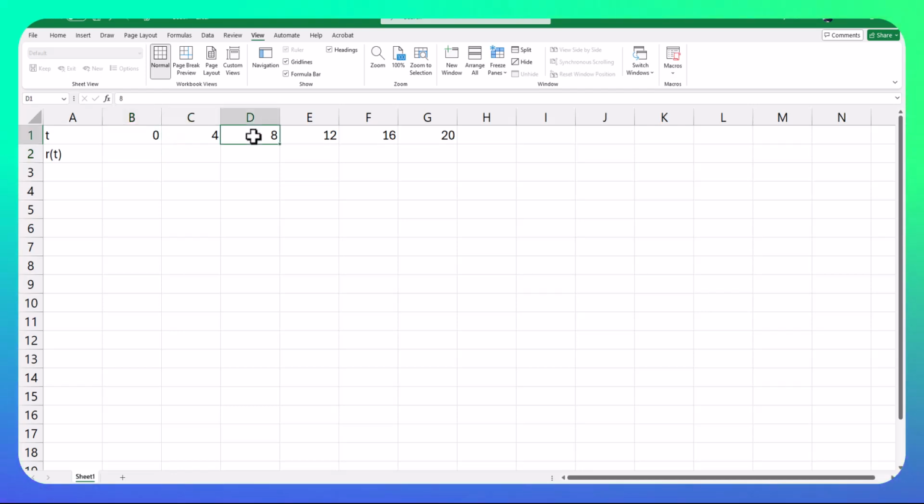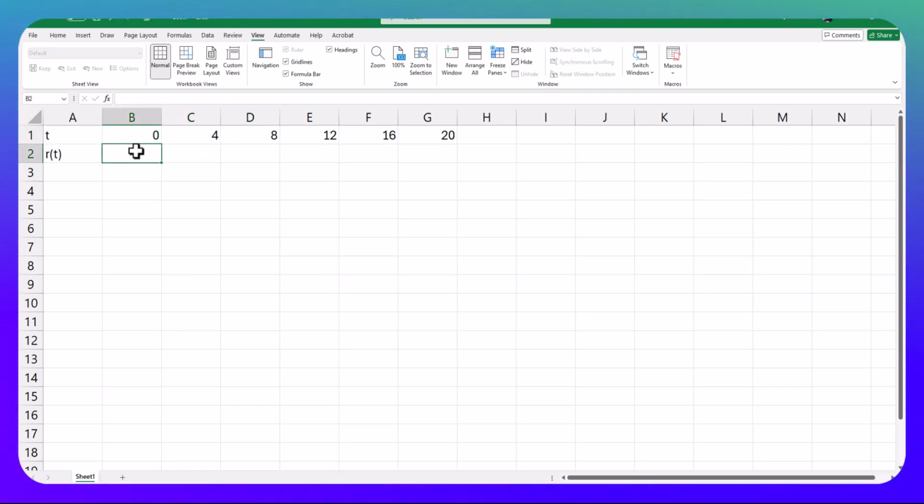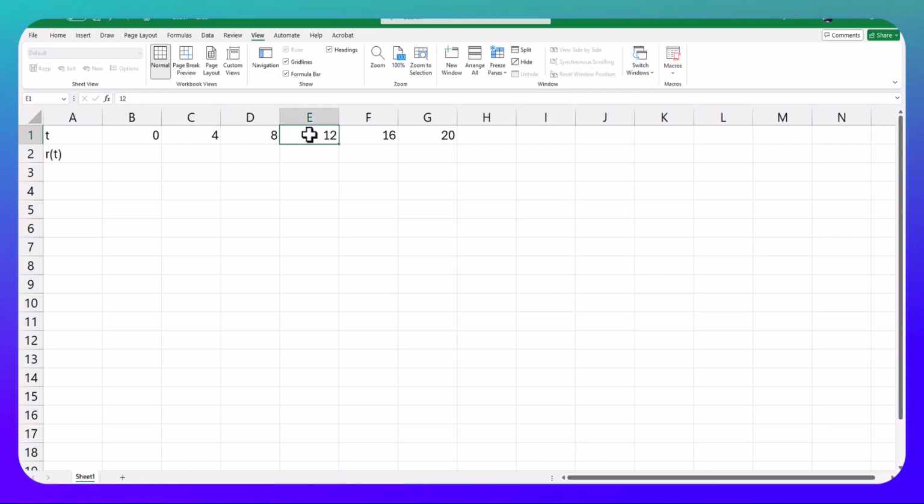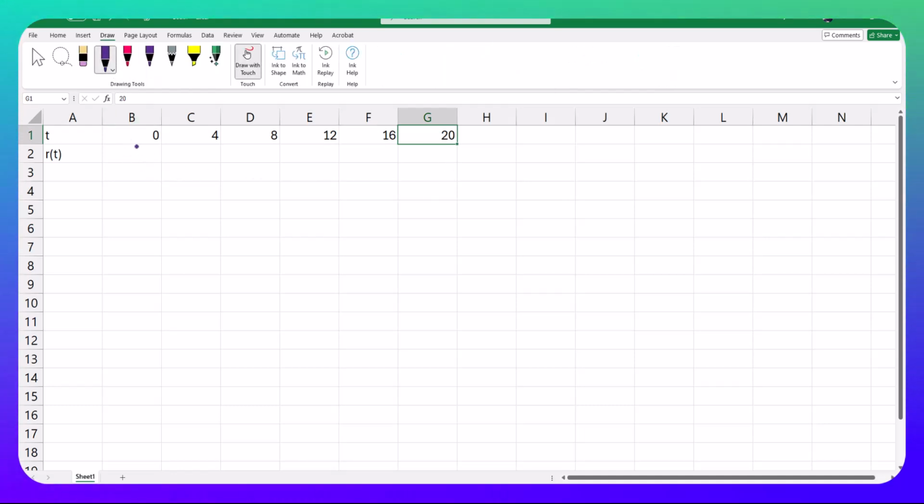And I'm going to jump by 4s. You can jump by whatever you want, but how I know this is 5 subintervals: 0 to 4 is 1, 4 to 8 is 2, 8 to 12 is 3, 12 to 16 is 4, and then 16 to 20 is 5. So remember, that's how this is jumping, right? 1, 2, 3, 4, 5. So that's where I get the 5 subintervals.